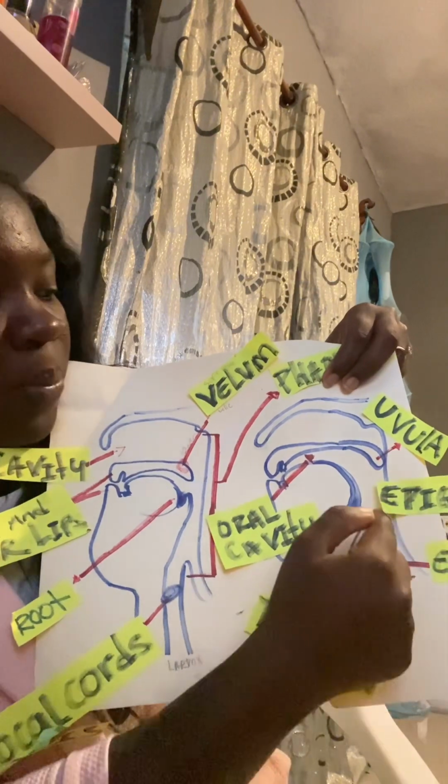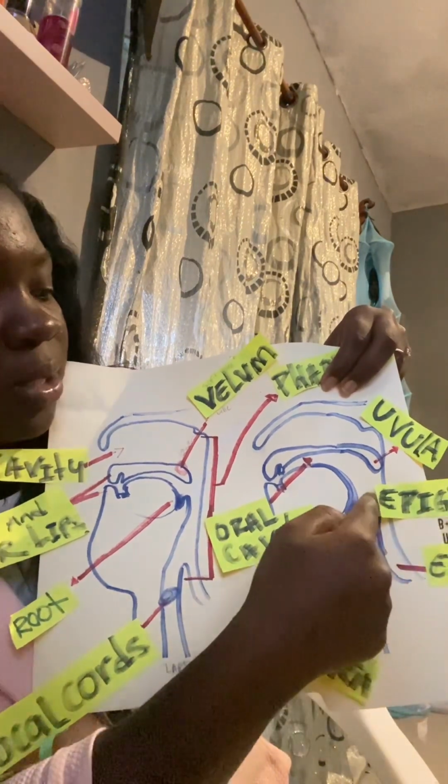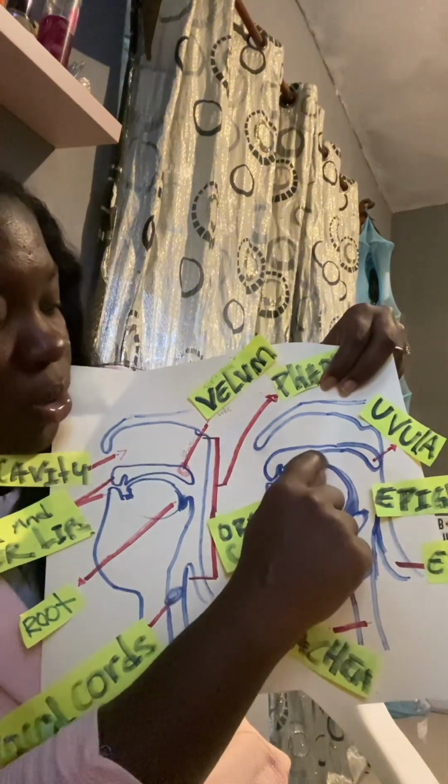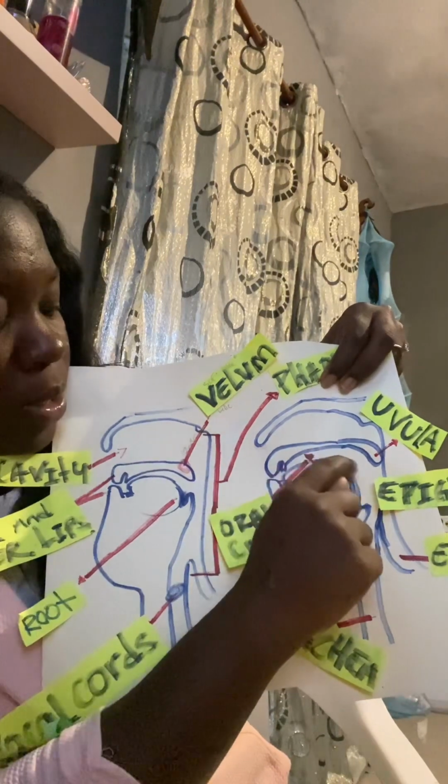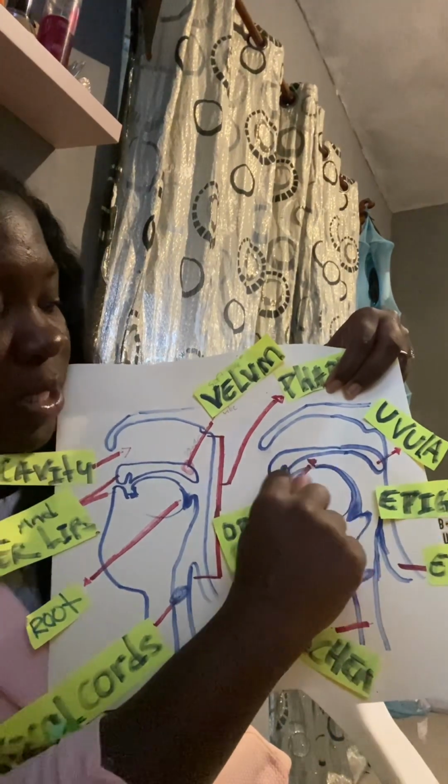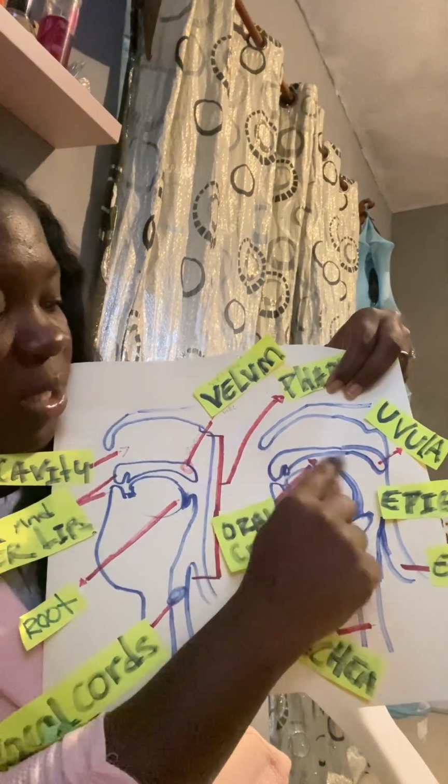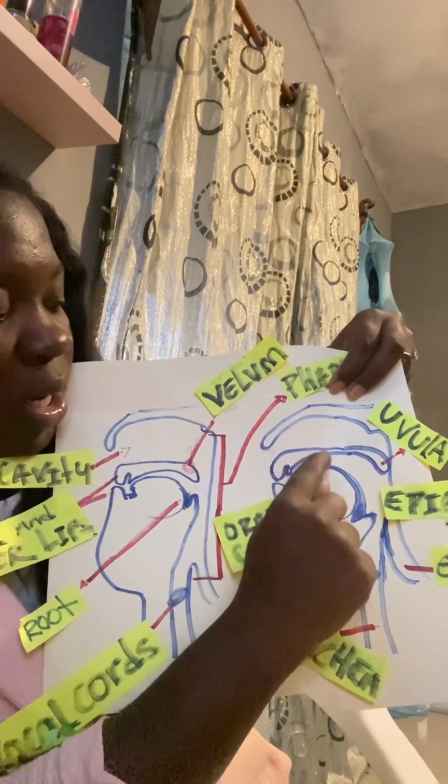So the air stream that comes from the larynx, the vocal cords, goes through the oral cavity, so the sounds that we perceive are oral sounds.